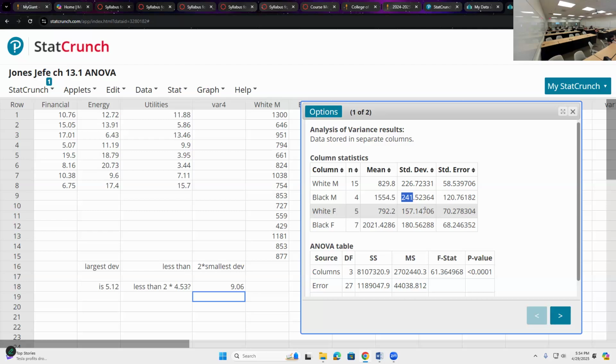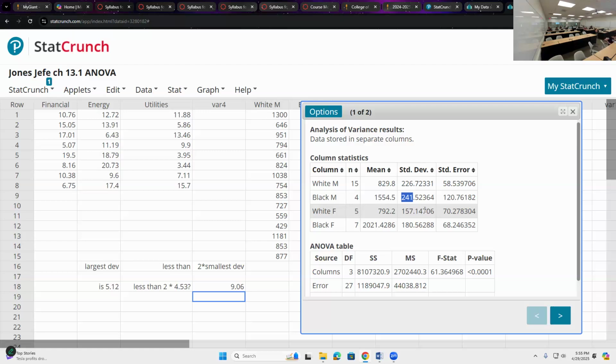Test stat is 61.4. P-value is less than 0.001. The largest standard deviation is 241.5.